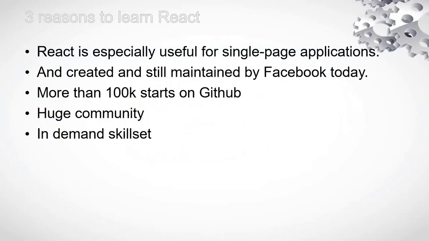In demand and skill set means that if you compare with Angular or Vue, React is better in the market, and you can get jobs very easily if you learn all the basics. And if you have more enthusiasm, it's easy to learn React compared to Angular and Vue. Angular is totally an MVC framework that, at the moment, no one is using compared to React and Vue.js.